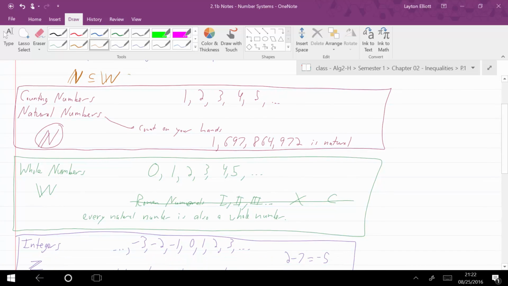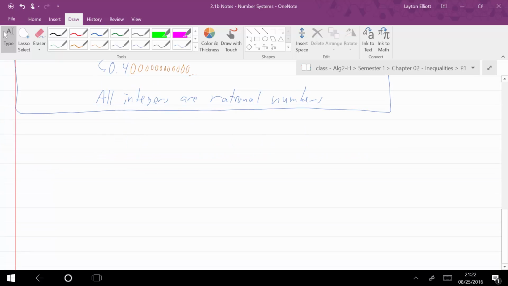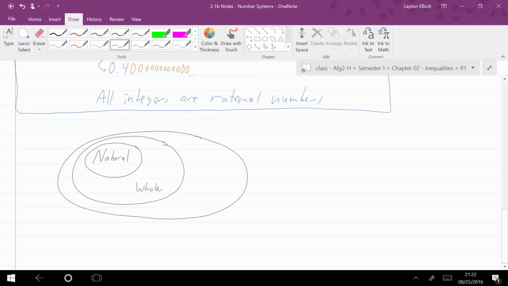Whole numbers are a subset of the integers, and integers are a subset of the rational numbers. Diagramming this down here, natural numbers are their own thing, and they're contained within the whole numbers. Now, that's a lot just to include the number 0, but hey, it's just a visual. And those are contained within the integers.